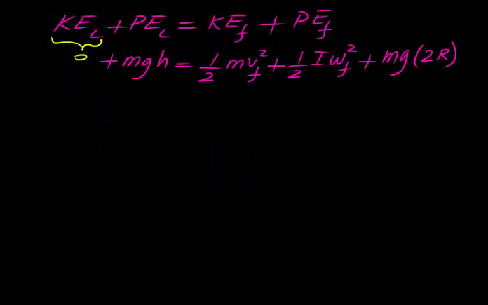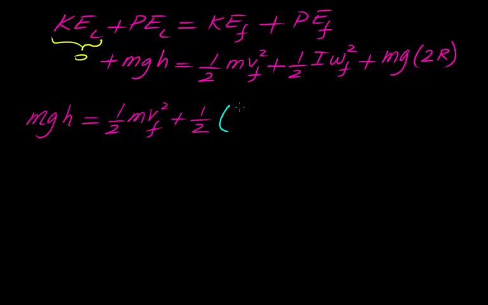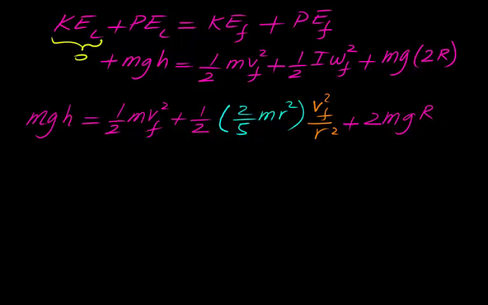Detailing this equation a little further, we obtain mgh equals 1/2 m v final squared plus 1/2 times the moment of inertia of the ball, which is 2/5 m r squared, times the angular speed squared, which is equal to the speed final squared divided by the radius of the ball squared, plus 2 times the mass times g times R. Notice now that the mass is a common factor and it's going to cancel out.